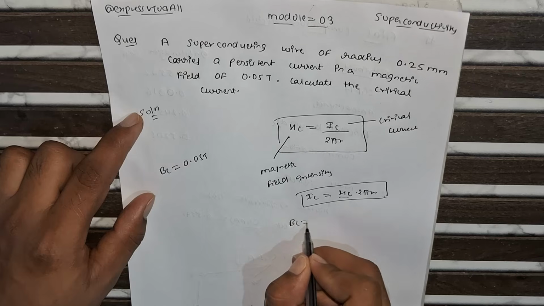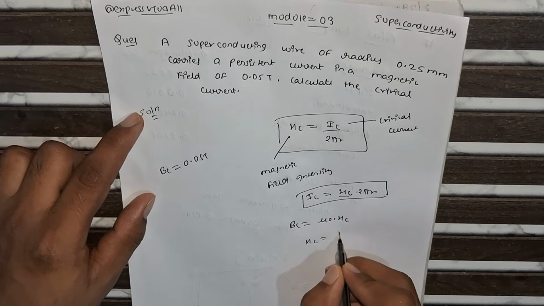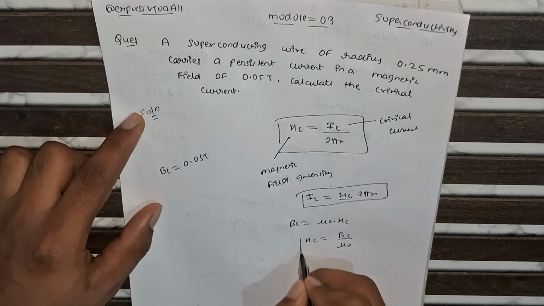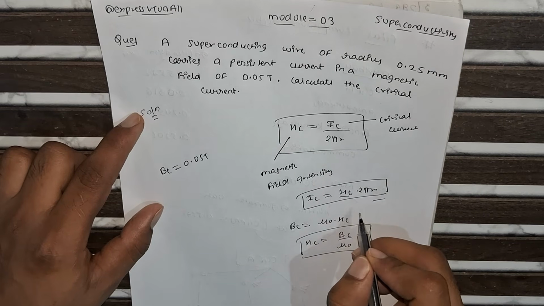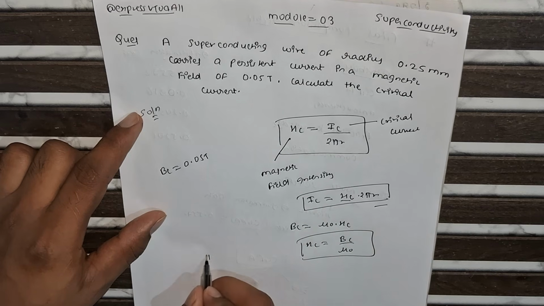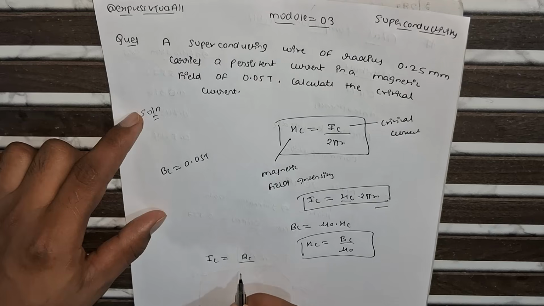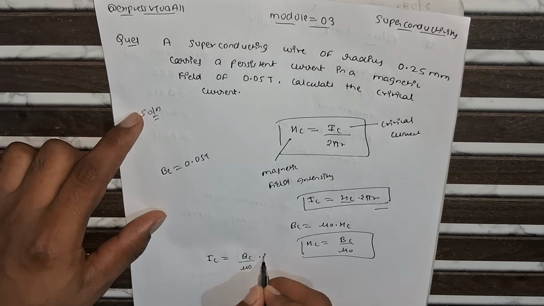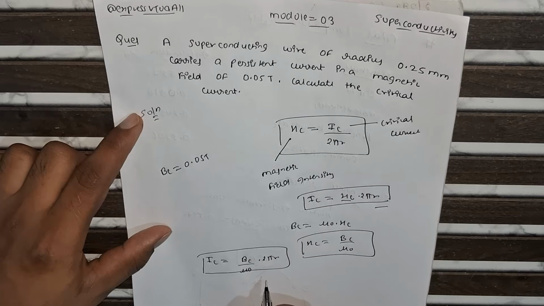So Bc equals mu naught into Hc, so Hc equals Bc by mu naught. So this is the value of Hc. To calculate the critical current, we put the value of Hc in this formula. We will get Ic equals Bc upon mu naught into 2 pi r. This is the actual relationship.